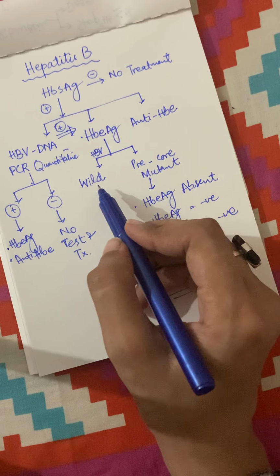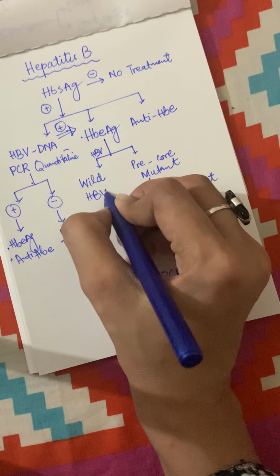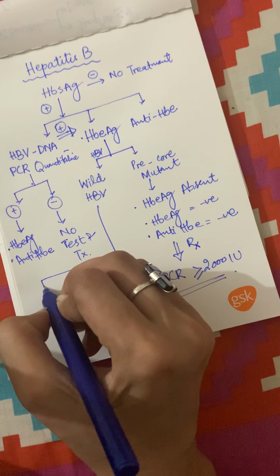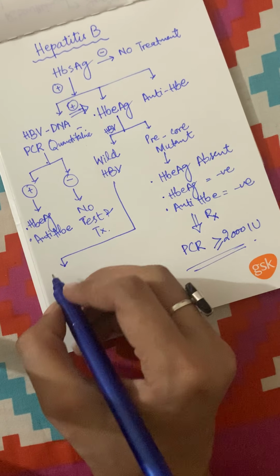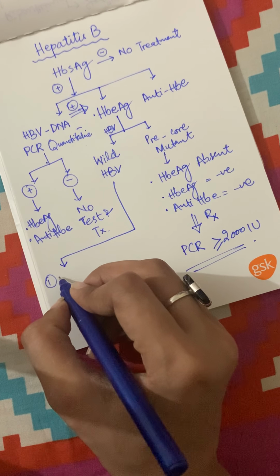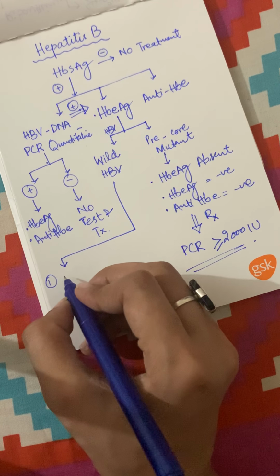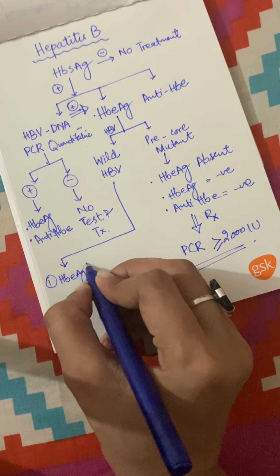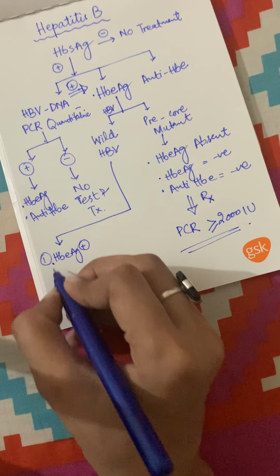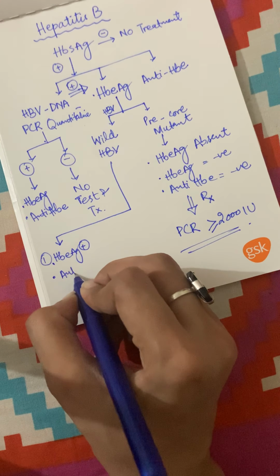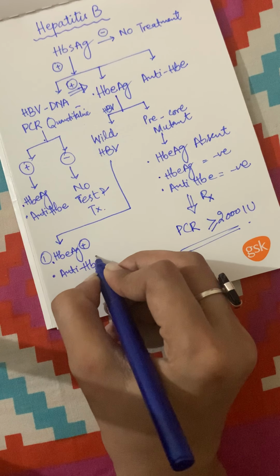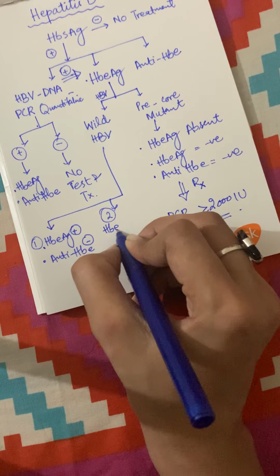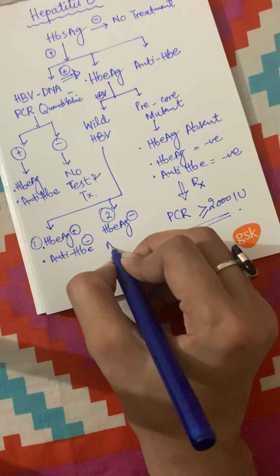The second type, wild hepatitis B virus, further consists of two groups. Number one, in which E antigen is positive and anti-HBe is negative. The second group is in which E antigen is negative but antibodies are present.